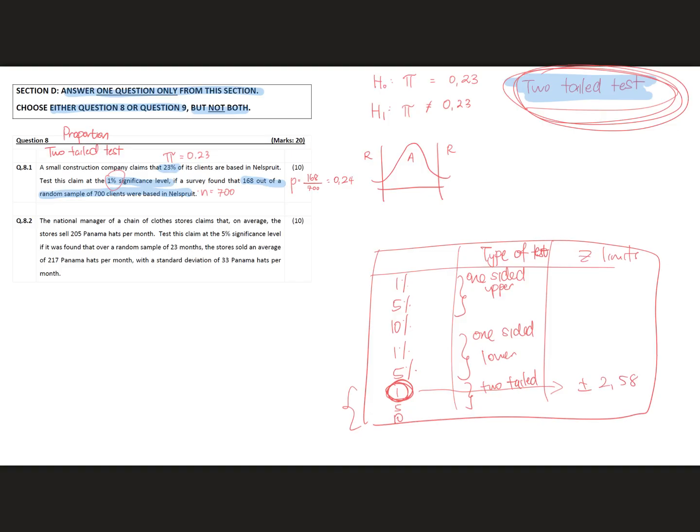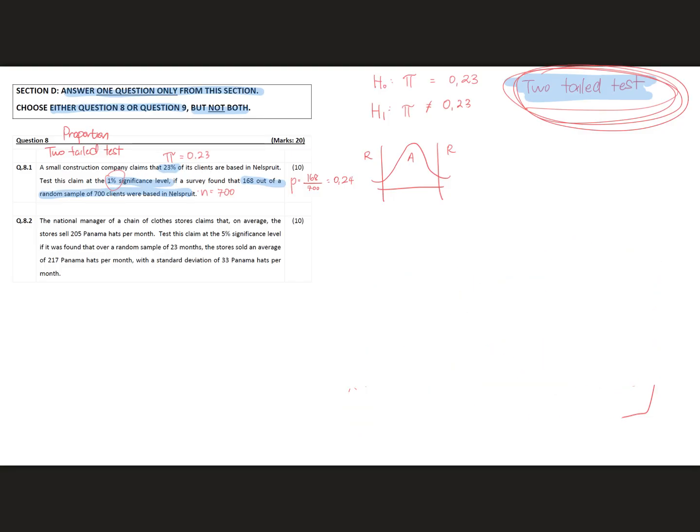So what that actually means now, and I'm just going to erase this because we don't need it, so we don't get distracted with all of this writing and circling.